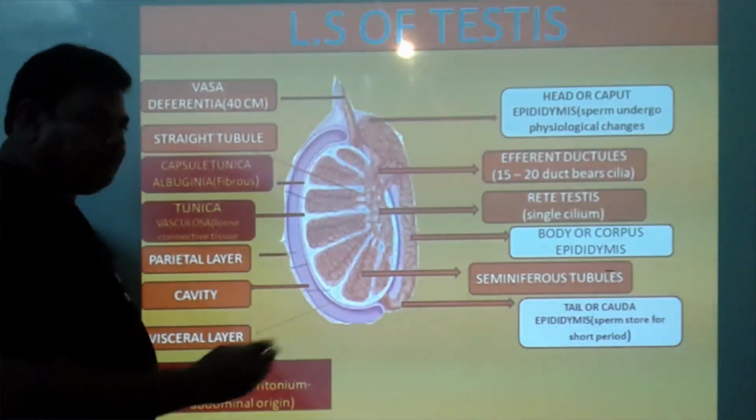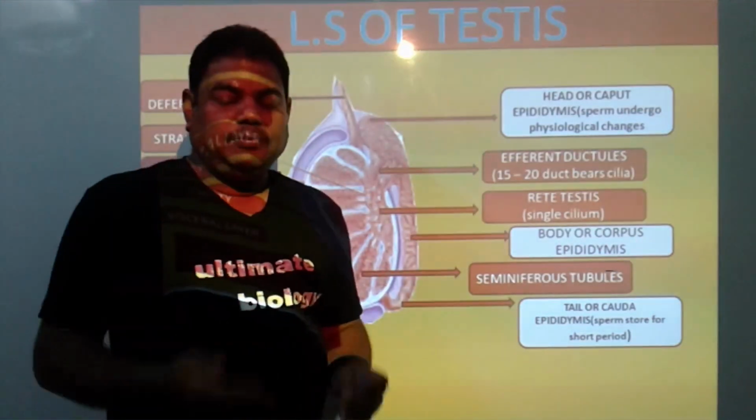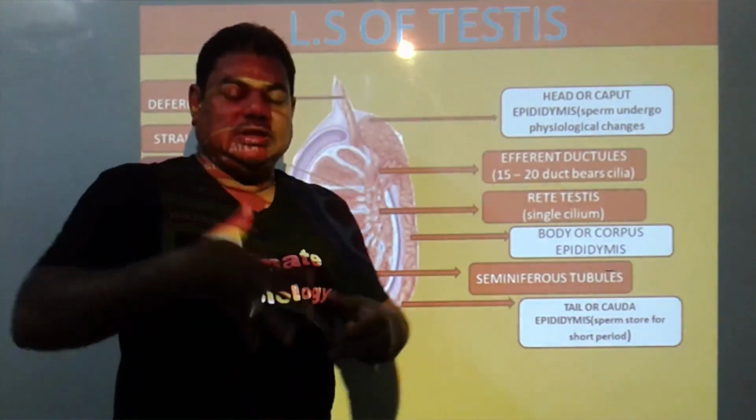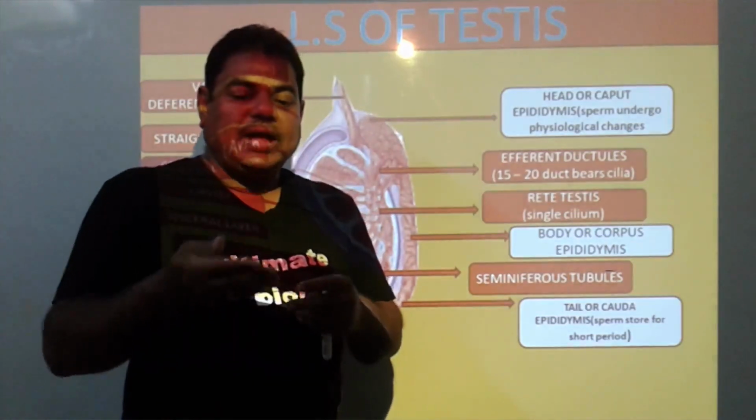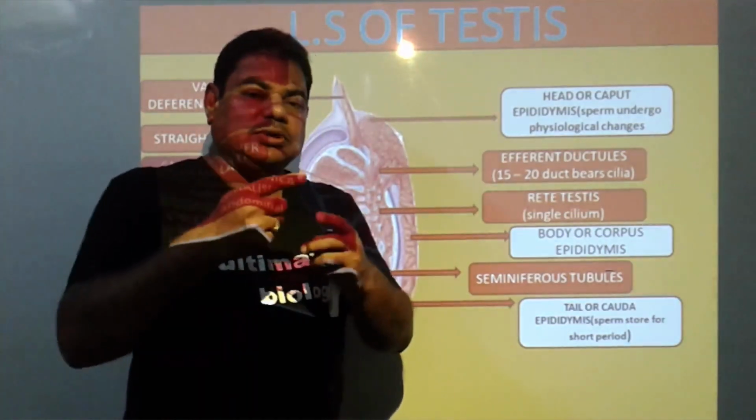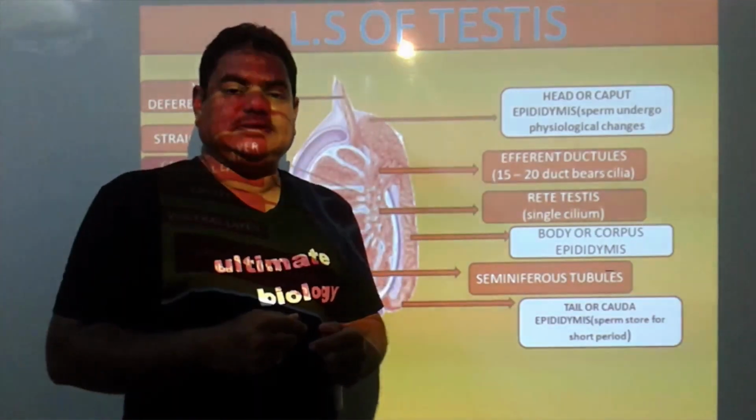It is a peritoneal wall, meaning it is abdominal in origin. The abdominal innermost wall is the peritoneum, and that peritoneum wraps around the testes.